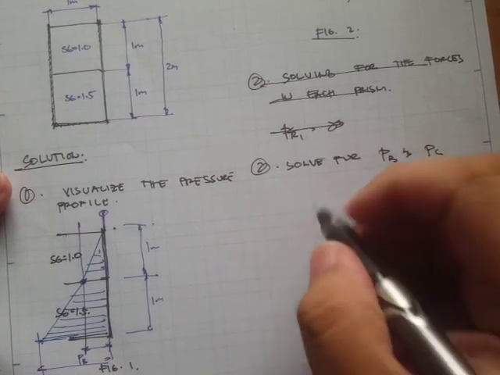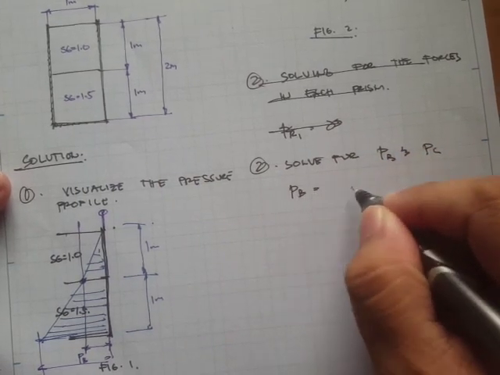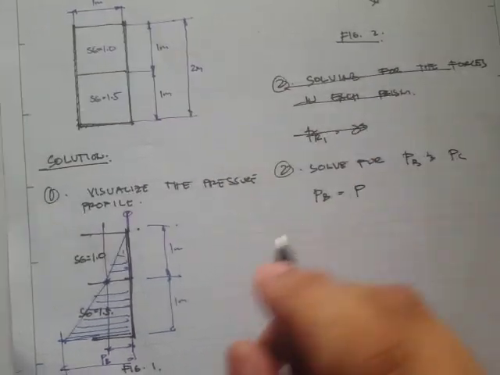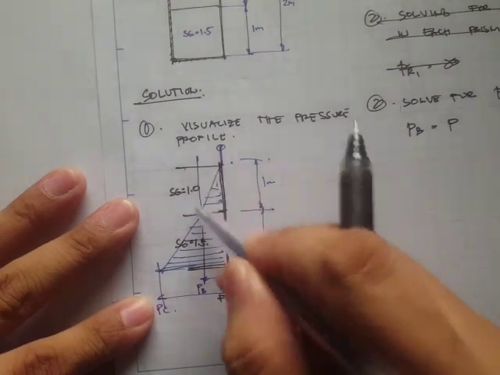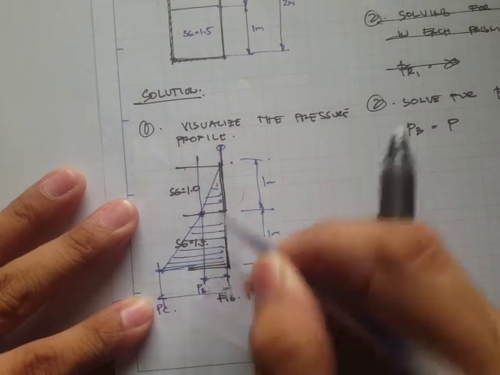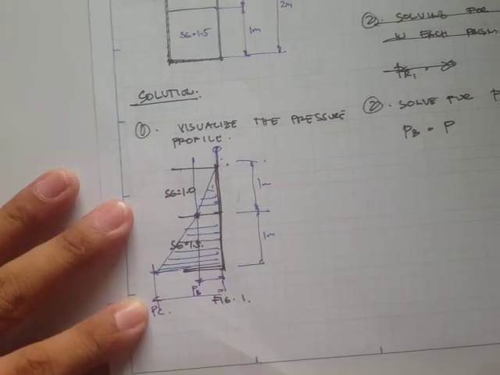PB is simply our PA, or the initial. From this portion, this is our PB, this is our PA, which is 0.